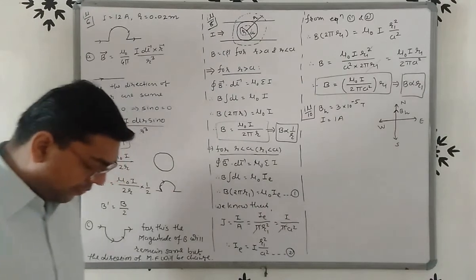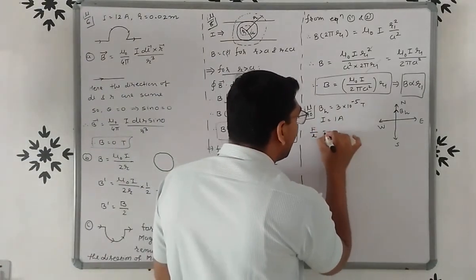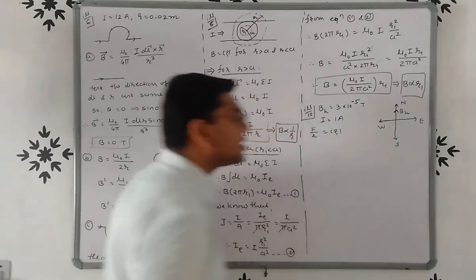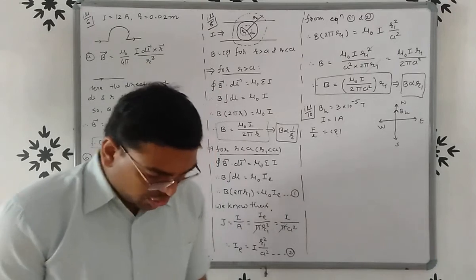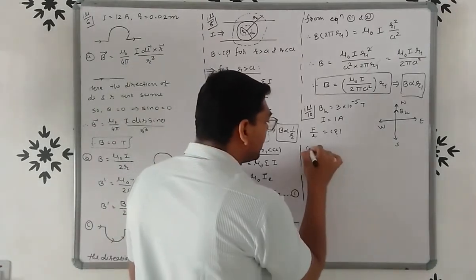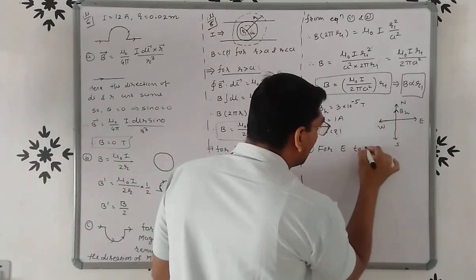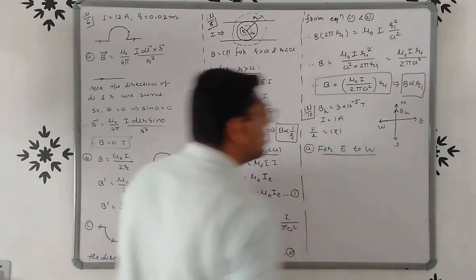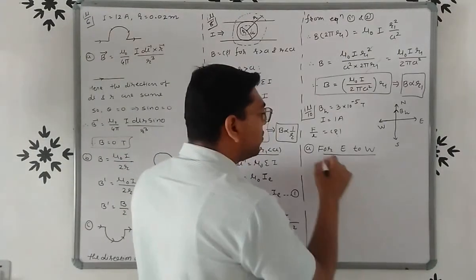So we have to find out force per unit length, that means F by L. First, for east to west, we have to find out force per unit length.